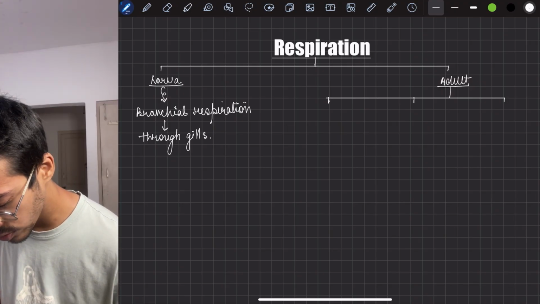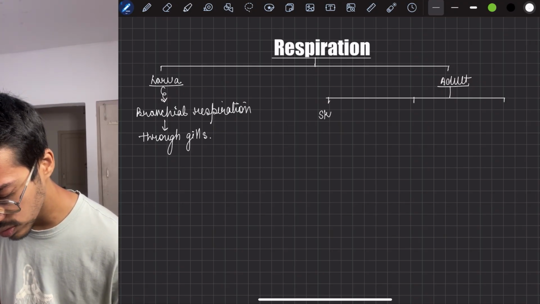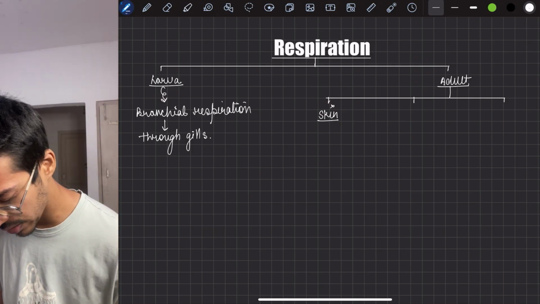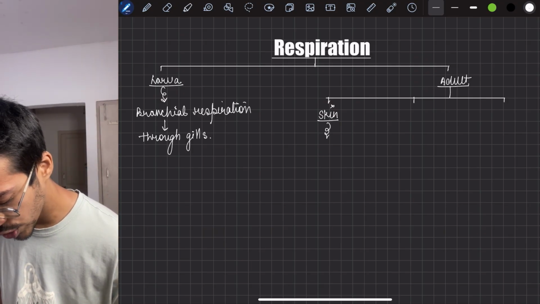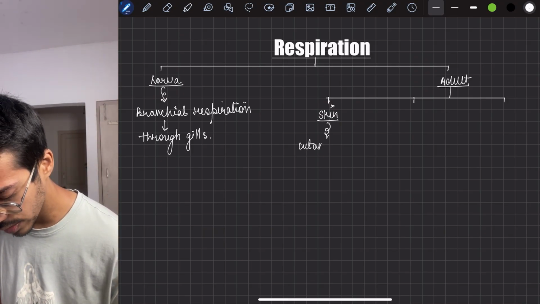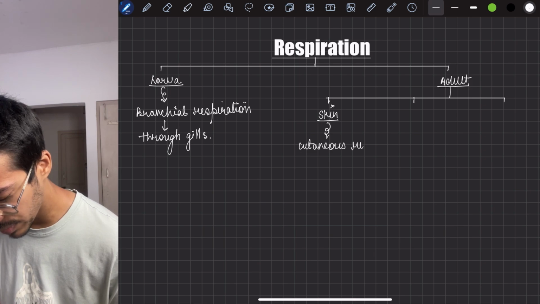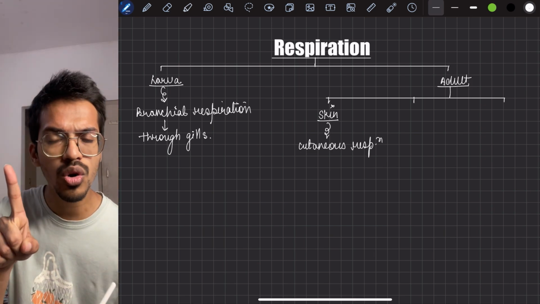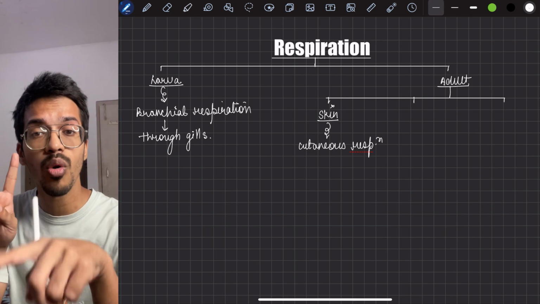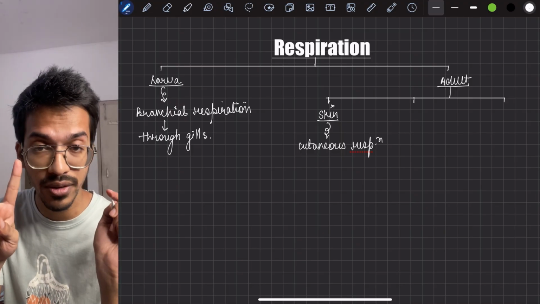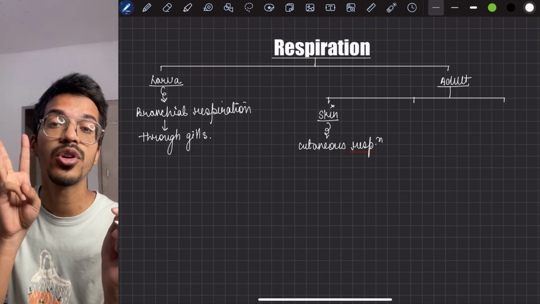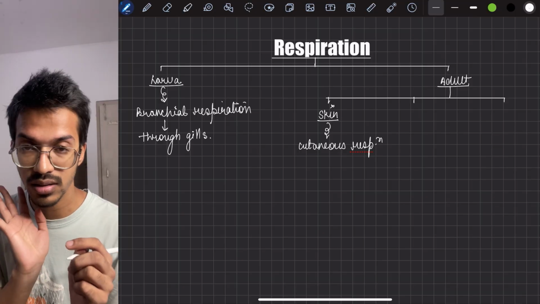Number one is through the skin, which is cutaneous respiration. It most commonly occurs when they go into the water for breeding or fertilization time, as well as for hibernation and summer sleep.